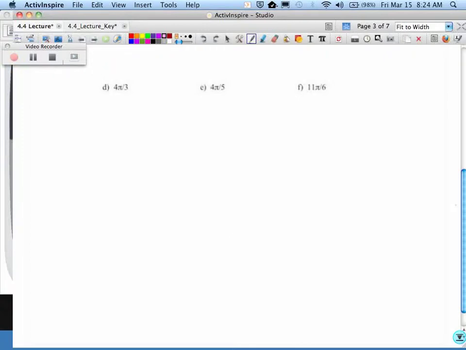Where is 4 pi over 3? So 4 pi over 3 is somewhere down in the third quadrant. So that's 4 pi over 3. Then that means my reference angle would be sitting right there. Well, remember, this means I'm more than 180.